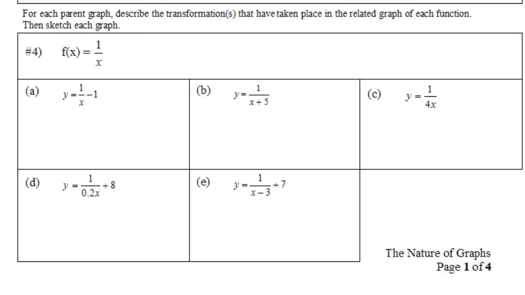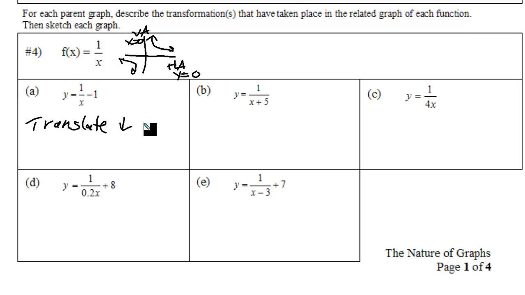Question 4, you're supposed to relate these graphs to the parent graph. So this parent graph looks something like this. It has a vertical asymptote at x equals 0 and a horizontal one at y equals 0. What does this minus 1 do to the graph? Translates it down 1.